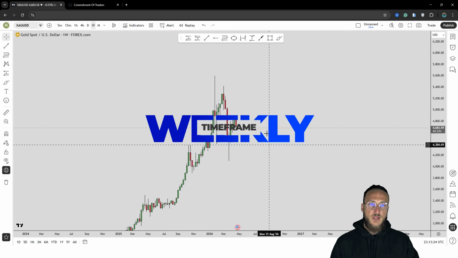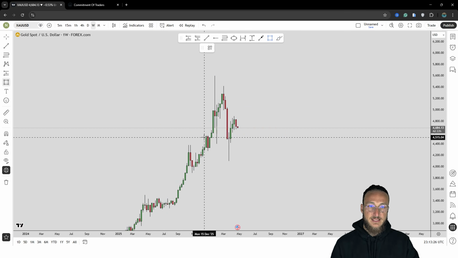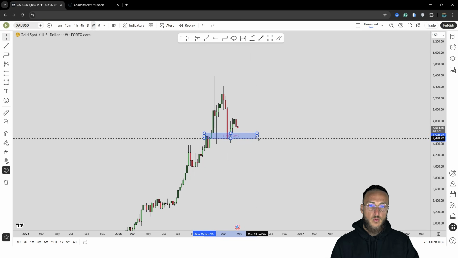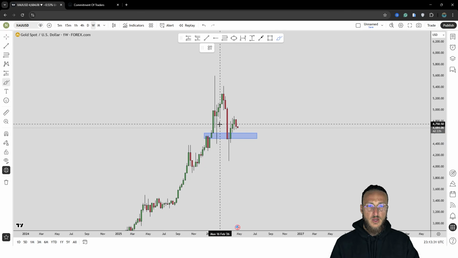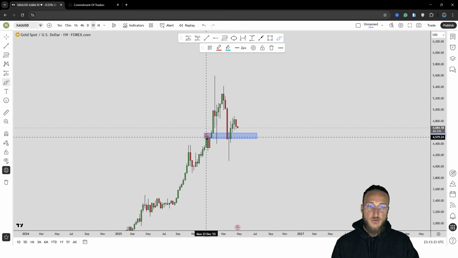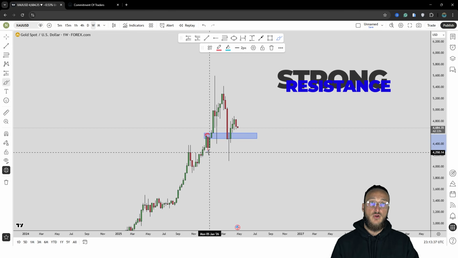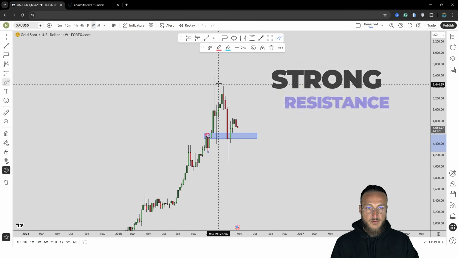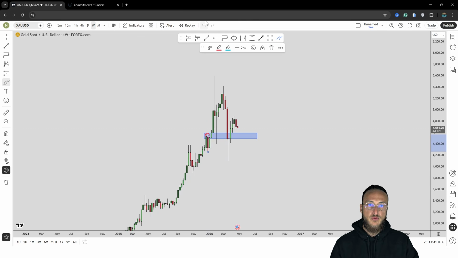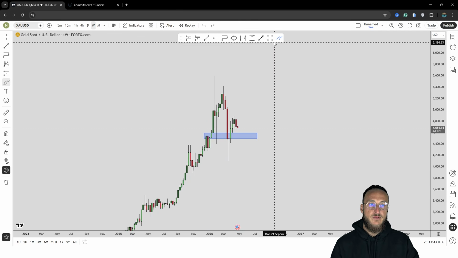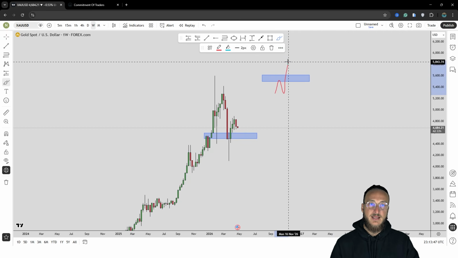Now, from a weekly perspective, what we have to notice is that this zone here is a quite important level. In fact, what we can notice is that this was the zone of previous monthly resistance from which this rejection lower was created. The market then broke above that zone with this impulse. At that point, what we know is that a previous level of resistance, once it has been broken to the upside, becomes support.